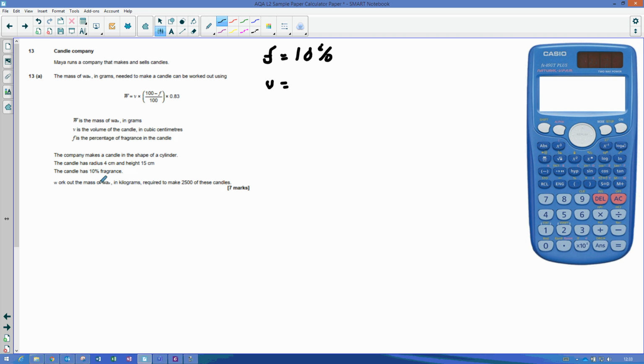So the candle is a cylinder, and the volume of a cylinder we should know is pi r squared times the height. Pi, you can either use your pi button on your calculator, or you can use 3.142.